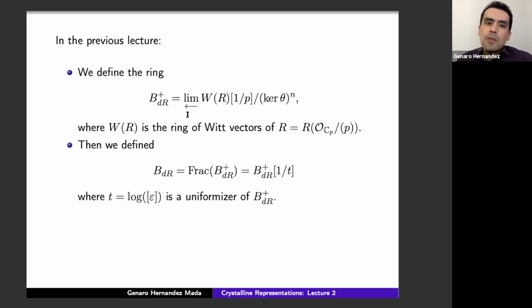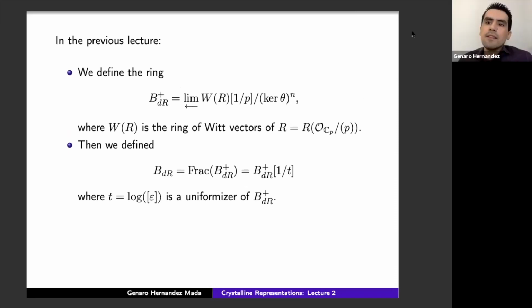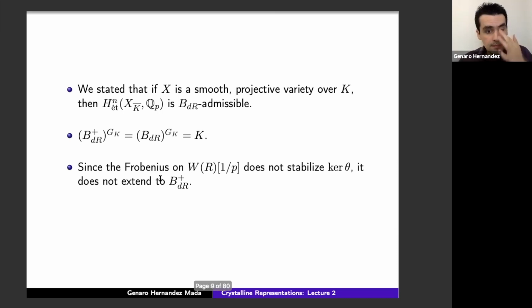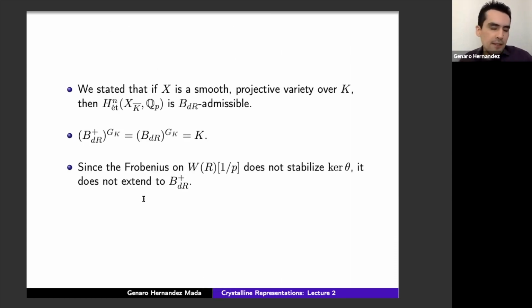So we are not going to get that Frobenius extended. We cannot extend that Frobenius to this ring. So in principle, we don't have Frobenius there. That might be a problem, which is going to be fixed by defining a new period ring.